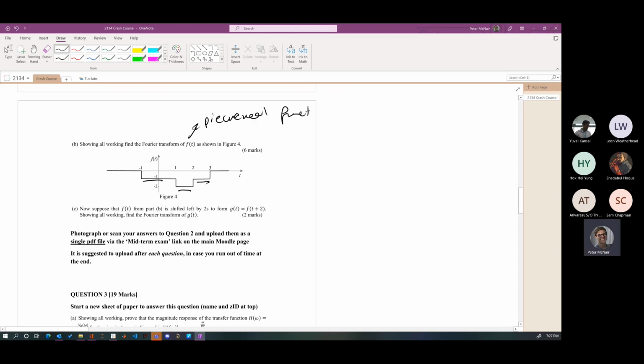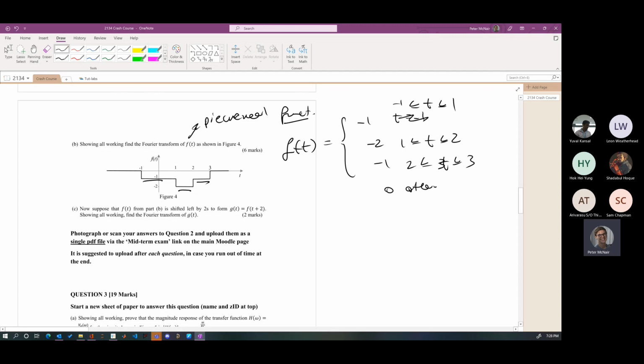which means that it's broken up like this. So you might have seen these sorts of things. It's -1 for -1 less than or equal to t less than or equal to 1. It's -2 for 1 less than or equal to t less than or equal to 2. And it's -1 again for 2 less than or equal to t less than or equal to 3, 0 otherwise.